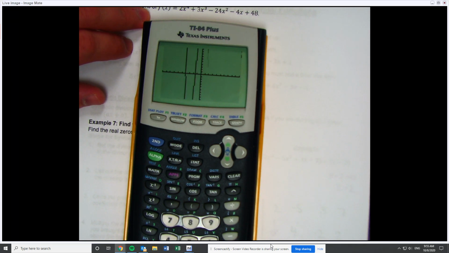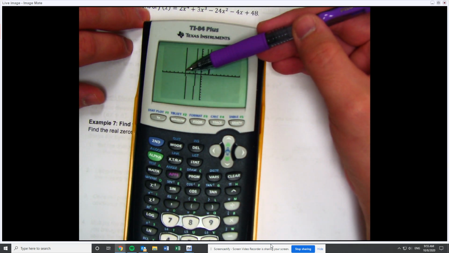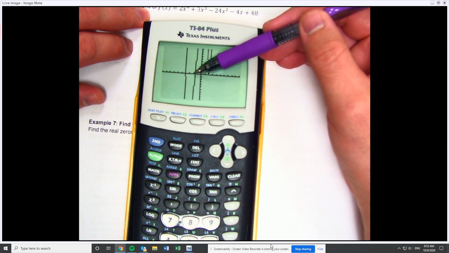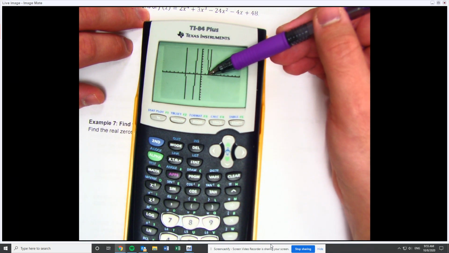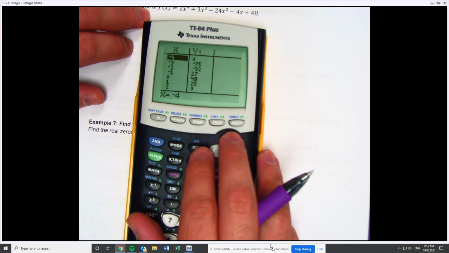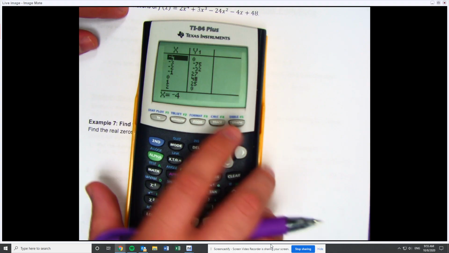Okay, I see 2 crosses and 1 touch. So right here, I see that I cross at, looks like it's around, what, -4? This one's definitely between 2 numbers, so it's not going to be on my list. And then right here, this one looks like it touches at 2. So -4, it worked. 2, it worked.